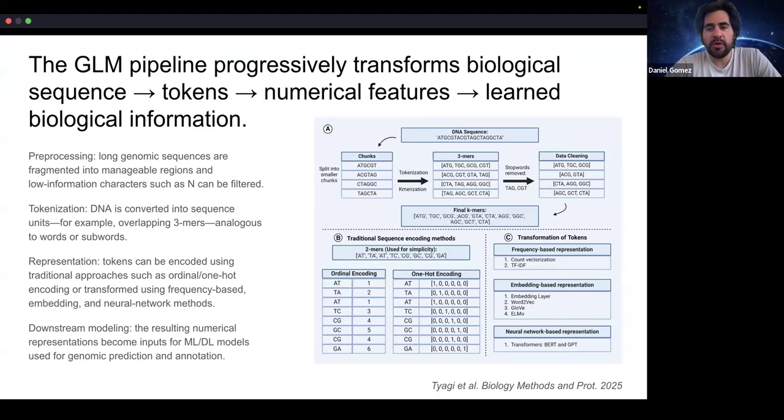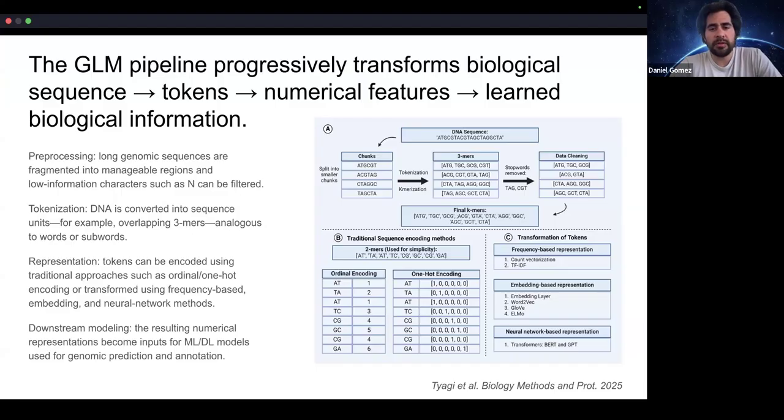So the traditional sequence encoding methods are two-mers, and these are used for simplicity. Before, we were challenged with the fact that we had to use three letters at a time, three-mers. We worked really hard to get six-mers, 4, 5, and 6. But now we're learning that if you use two-mers for simplicity, we can have AT, AT, TA, AT, TC, CG, CG, CG, GC and GA.